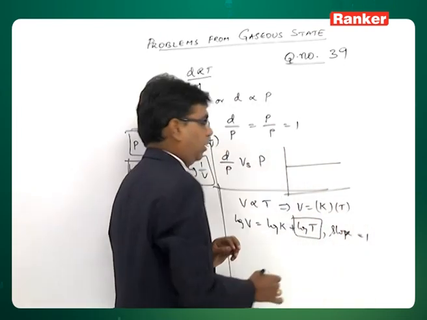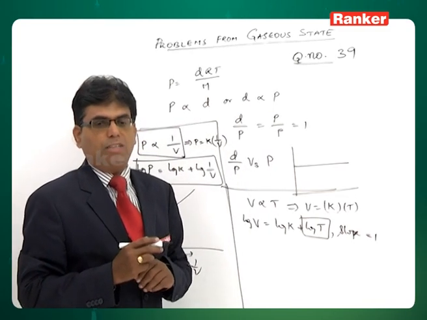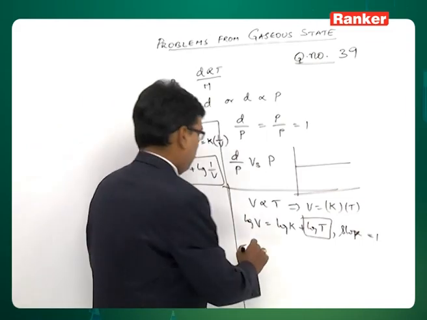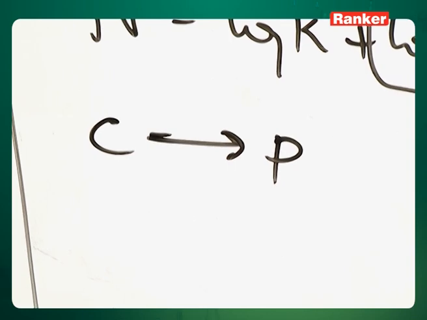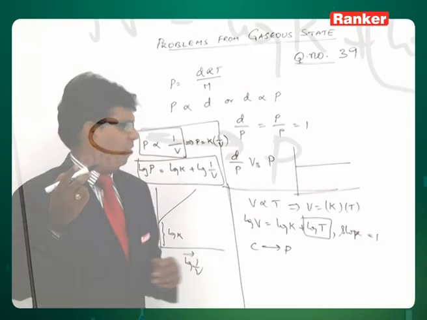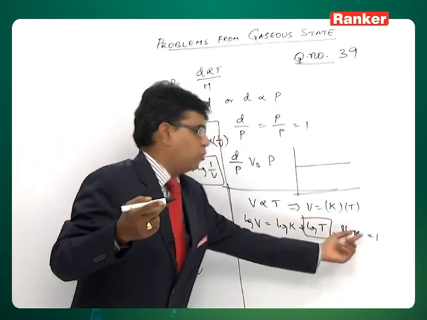So, slope is equal to 1, that means the angle must be equal to 45 degrees. So, for C the correct option is P, where the slope is equal to 1.